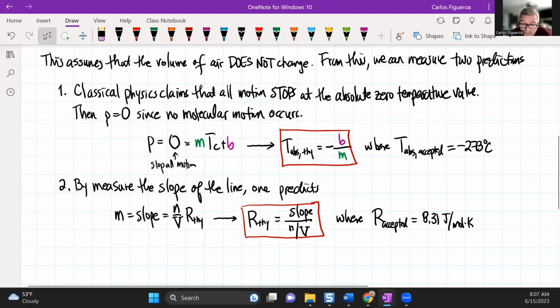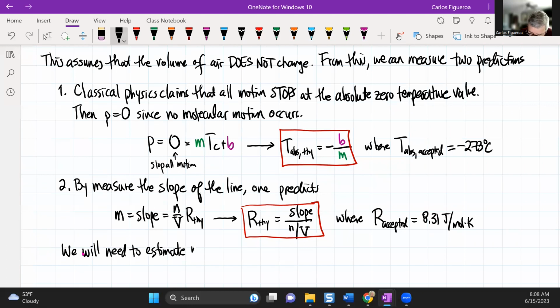And what you're going to see here is that we will need to estimate N over V using your local pressure and temperature.